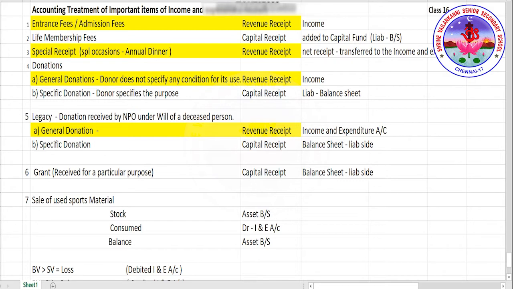General donations are always revenue receipts, so they are shown on the income side of the income and expenditure account. Specific donation is where the donor specifies the purpose for which the donation needs to be utilized. Then it is called a capital receipt, so specific donation is always a capital receipt, and you show it on the liability side of the balance sheet.